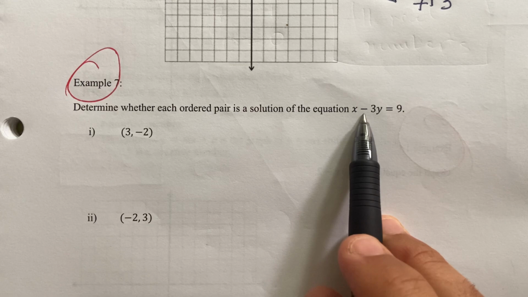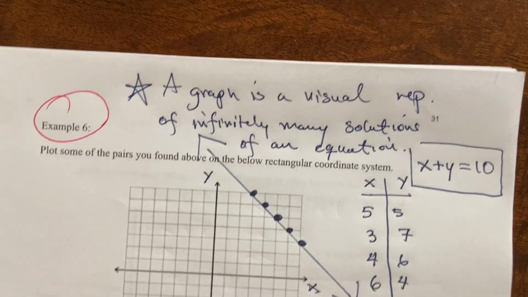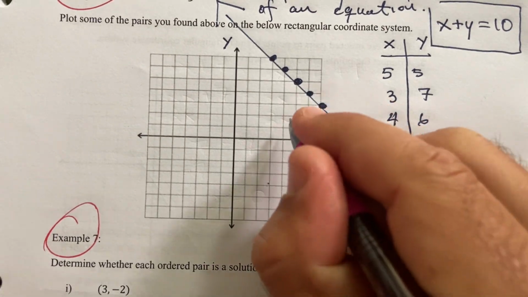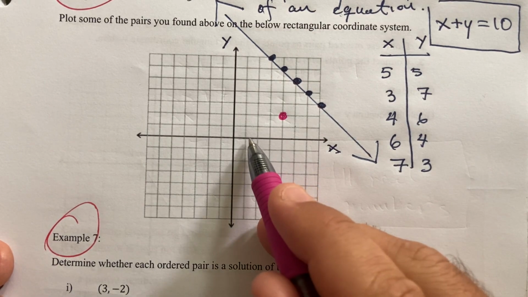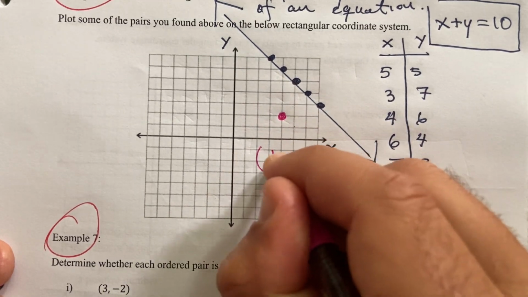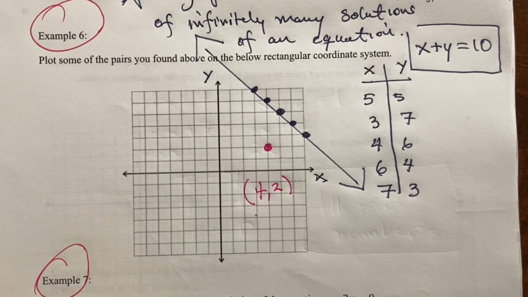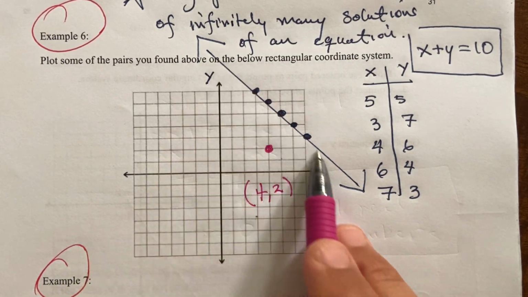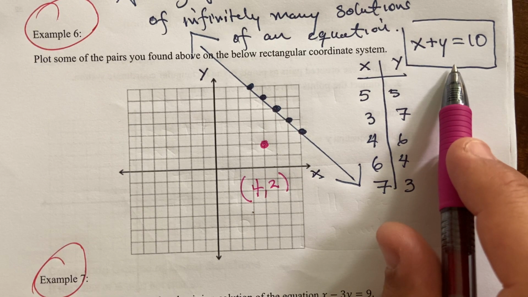So if you're a solution, that means that when plugged into the equation, you provide a true statement, right? So just going back here for a moment. What is this point? That is the point 1, 2, 3, 4, 2, right? 4, 2 is not on the graph of this equation. Why?